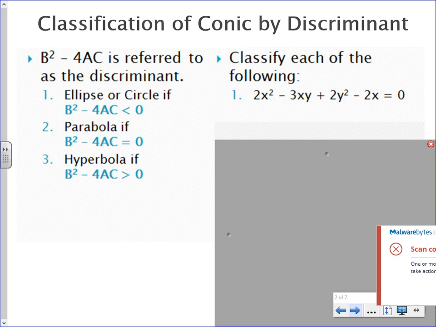2x squared minus 3xy plus 2y squared minus 2x equals 0. First of all, I see that we have an xy term, so I know that it is a rotated conic. Because of that, really the only numbers that matter are A x squared, B xy, and C y squared.